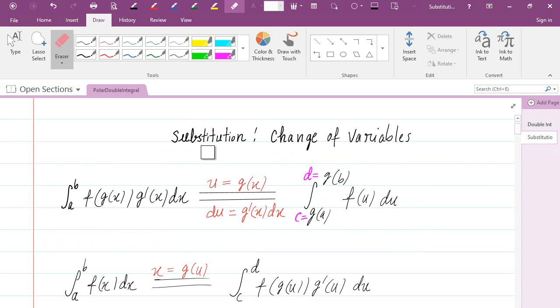Now I'm going to write this formula slightly differently. I'm going to start with the right hand side and then rewrite that in terms of the left hand side.